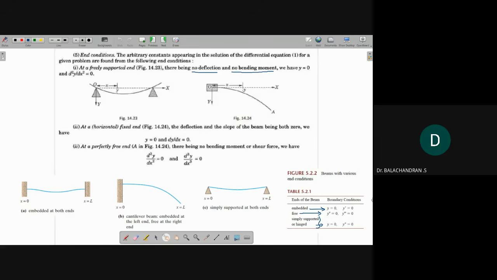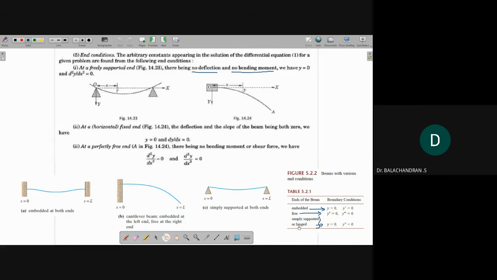In the table it is given, clearly embedded means fixed, horizontally fixed. So y equal to 0, and the first derivative is also 0. If it is perfectly free, then the second derivative and third derivative are 0.